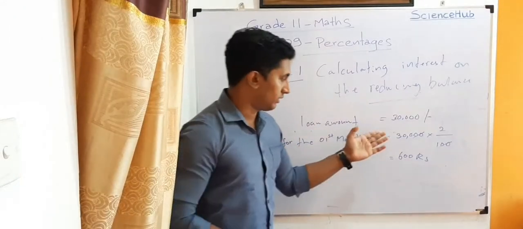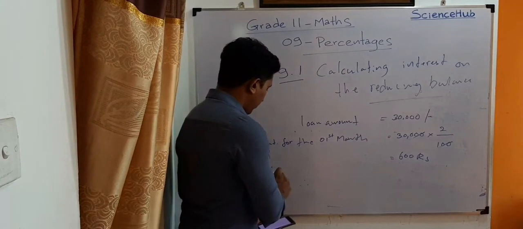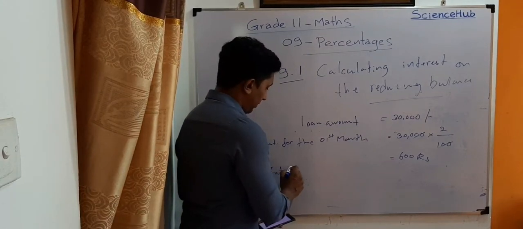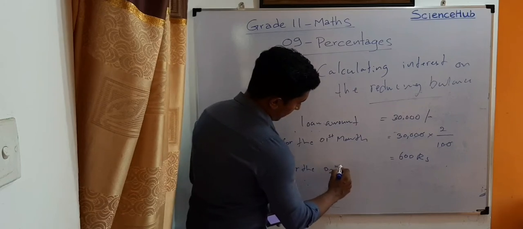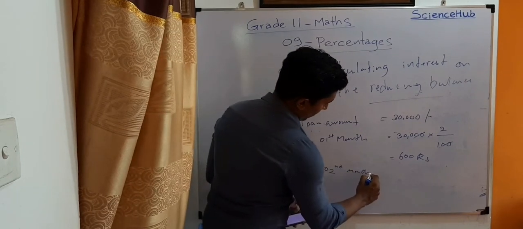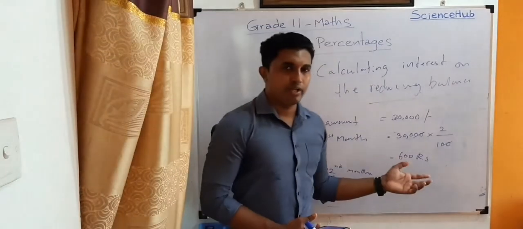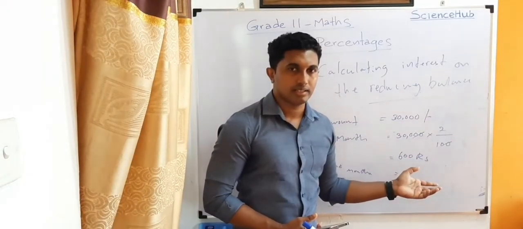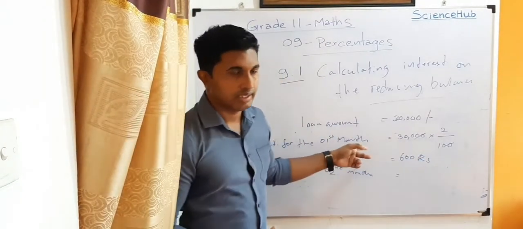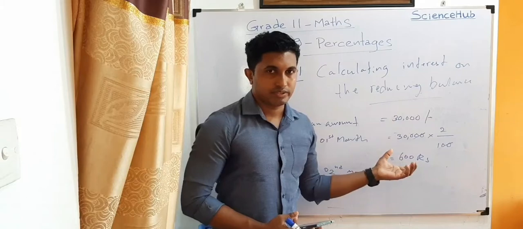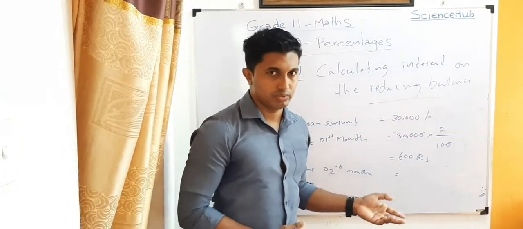Then again, the interest for the second month. What is the capital value for the second month? At the beginning we found that the installment without interest is equal to 5,000.